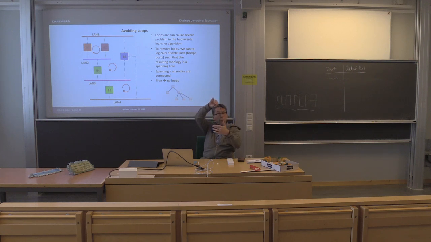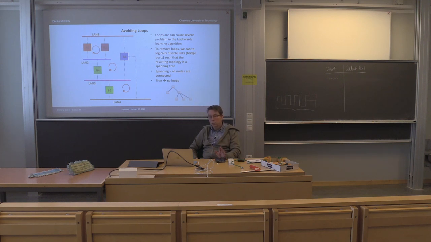And that can keep on going forever if we're unlucky. So it's not so hard to draw topologies where we have frames which are running around inside the network, according to the forwarding tables of the bridges, and this will cause something which is called a broadcast storm. So that frame will never disappear, and the whole network will fail.